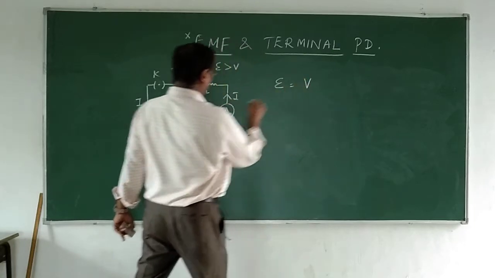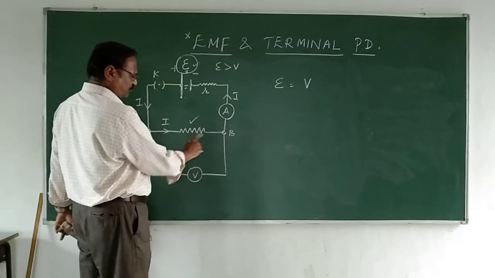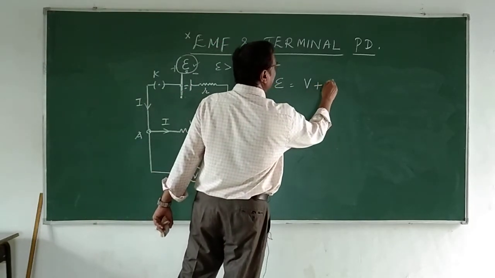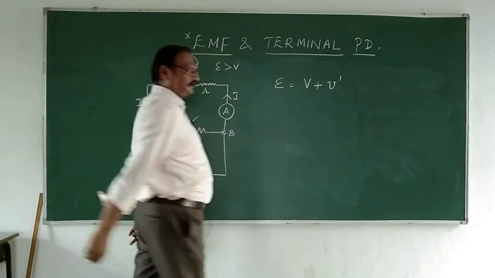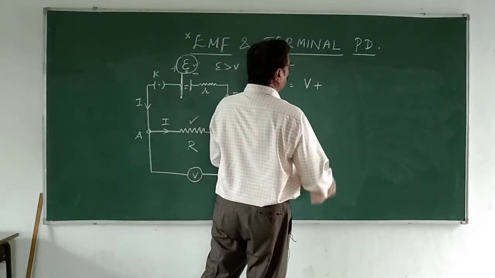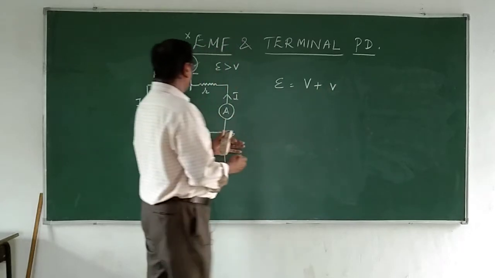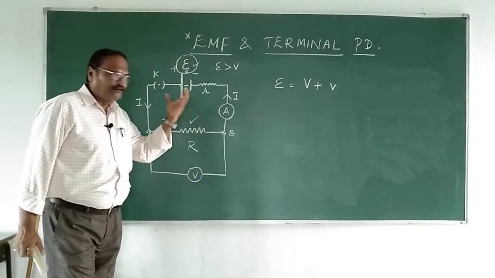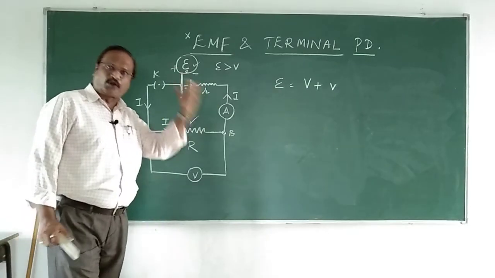One, as a potential difference between the two ends of the external resistance, plus V dash. What is the small V dash? Or I can simply say small v. What is the small v? This is the potential drop inside the cell. You call it the potential drop.